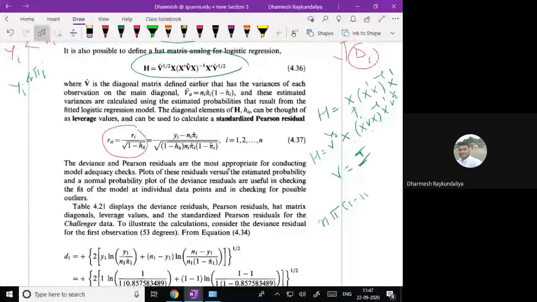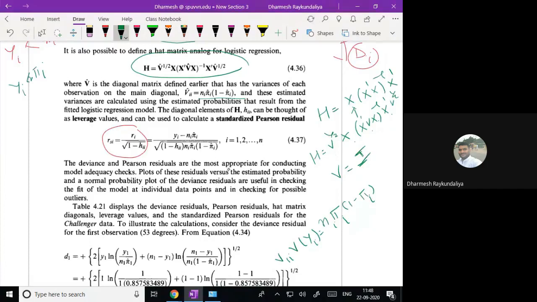So the variance of yi we call vi, which is ni pi_i (1 minus pi_i). So V cap is the diagonal matrix defined earlier that has the variance of each observation in the main diagonal, and this estimated variance is calculated using the probability. Since pi_i is unknown, we substitute the estimate of pi, and you will get the estimate of the variance covariance matrix.